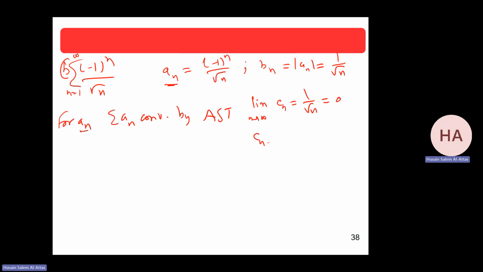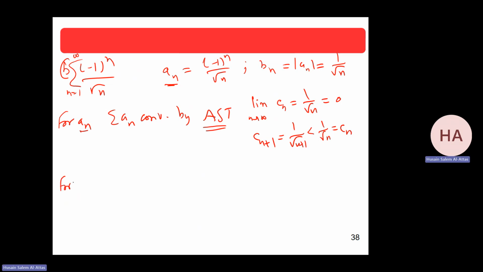And for sure Cn plus 1, which is 1 over square root of n plus 1, is less than 1 over square root of n, which is Cn. So it converges by the alternating series test. This is very clear.